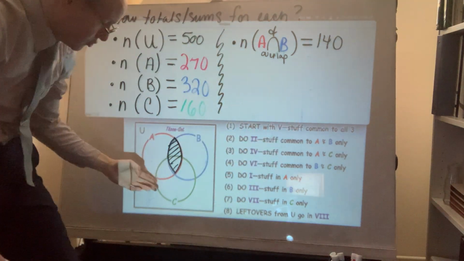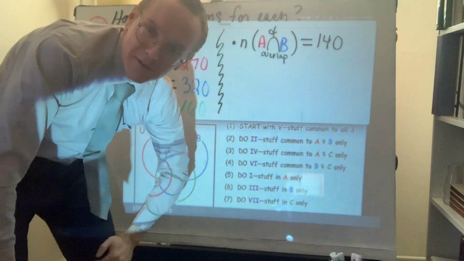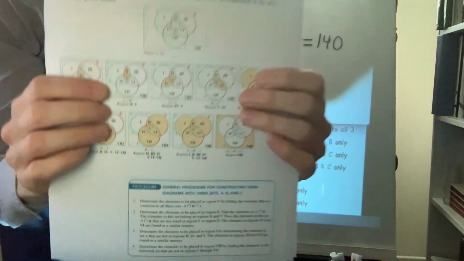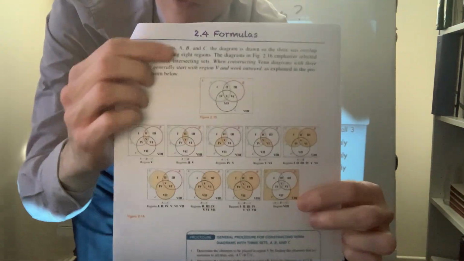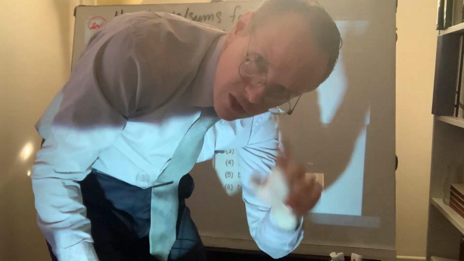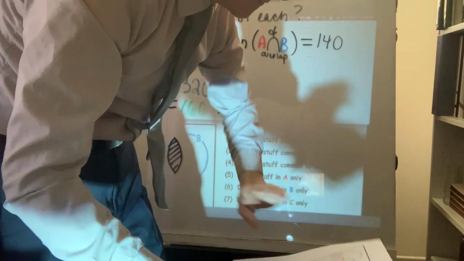But because we have country music involved in here, you can blame country music. This is the way it is actually validated. So have this schematic diagram from section 2.4 printed, because it will give you a little bit more security as you're going through the process. That's from last class.